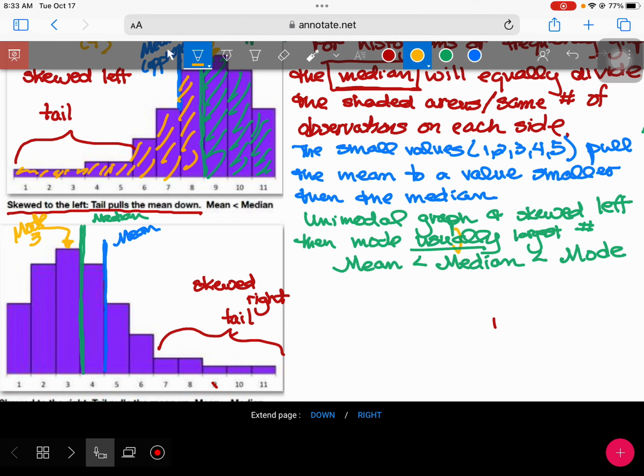So, similarly to the last one, the median is going to divide your areas in half. Okay, median, I'm going to do that in green.